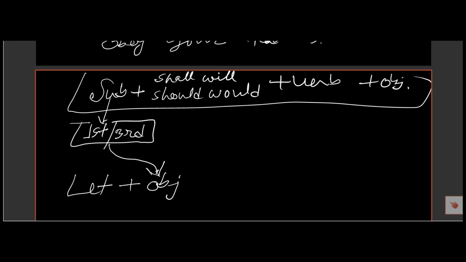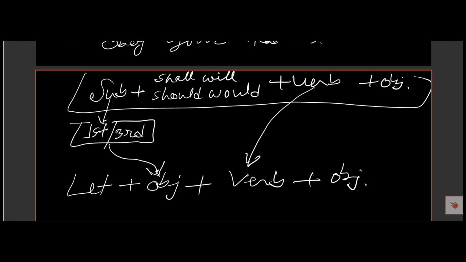So if there is I, it will be me. If there is we, it will be us. And then the verb and object, the rest of the sentence.